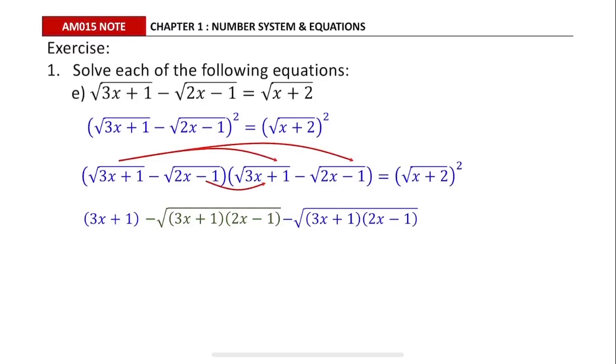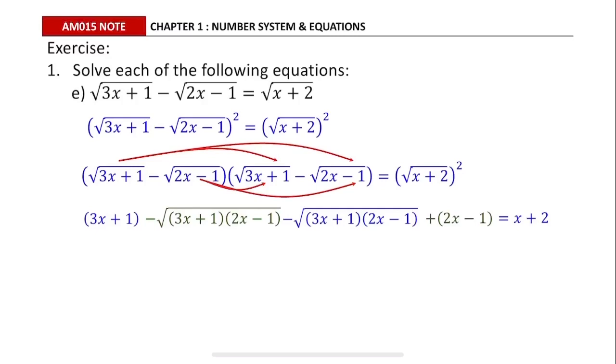And the last one is negative square root of 2x minus 1 multiplied by itself, which equals 2x minus 1. And the right side is only x plus 2 because we cancel out the surd by squaring.